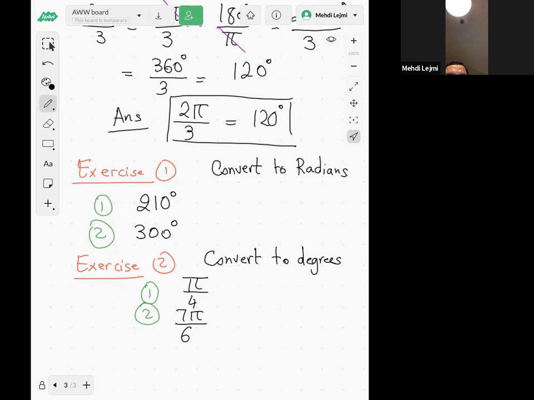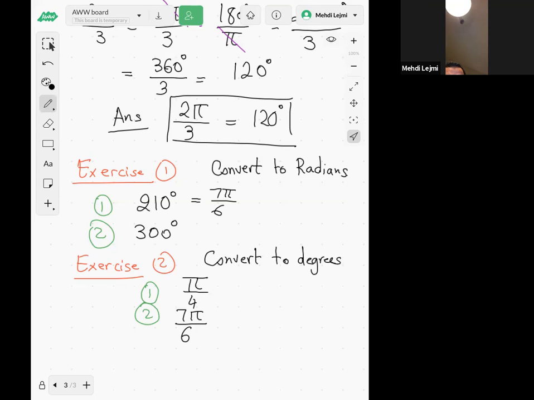All right, guys. I guess this is too easy for you. So for the 210, as Lorden said, if you multiply by pi over 180 and you reduce the fraction, it's going to be 7 pi over 6. Lorden, you're saying for the next one it's 5 pi over 3.